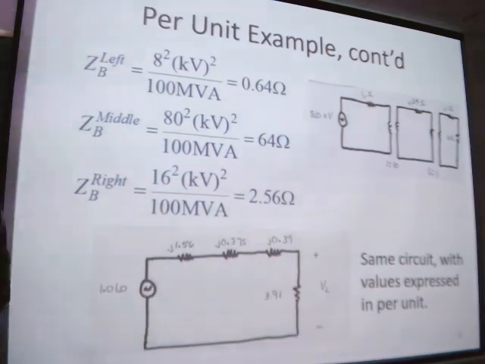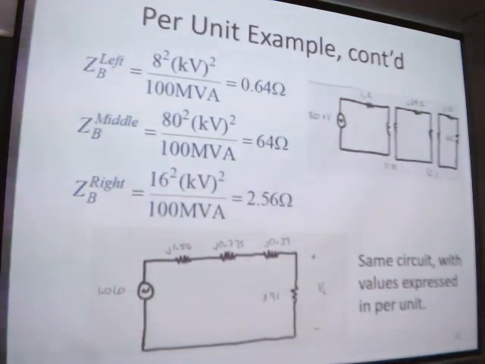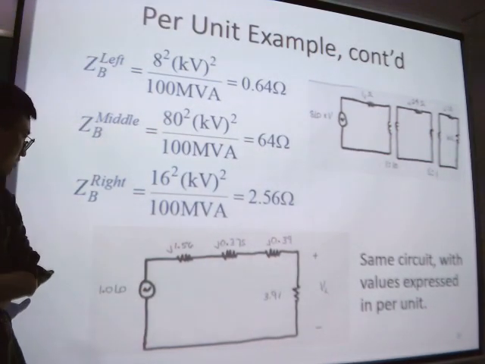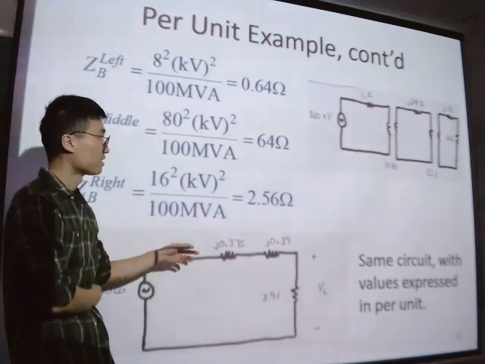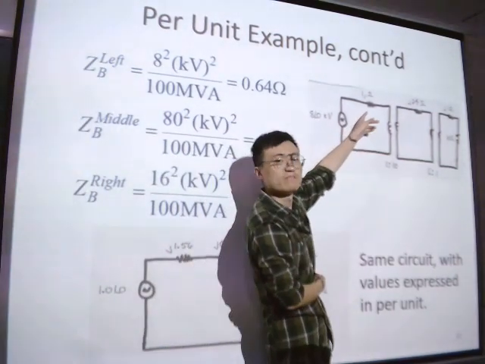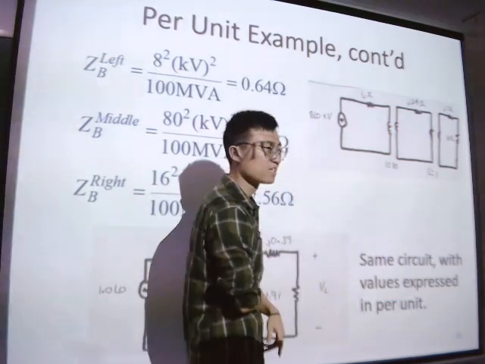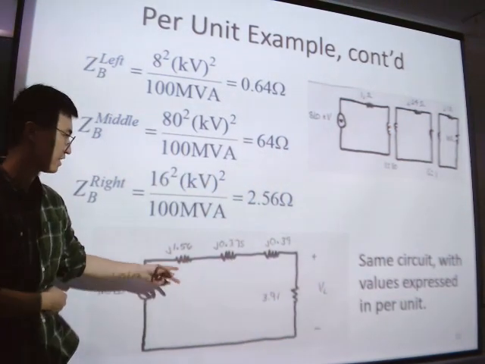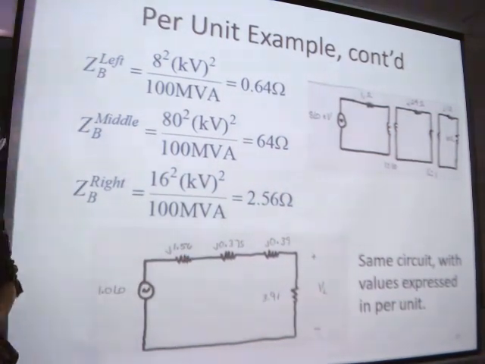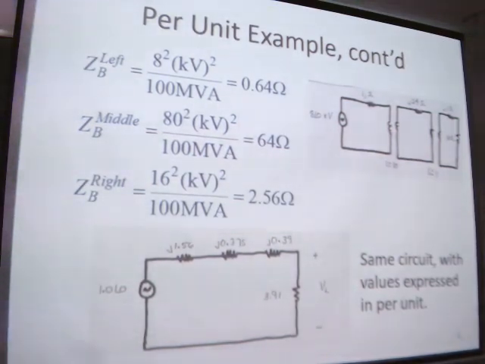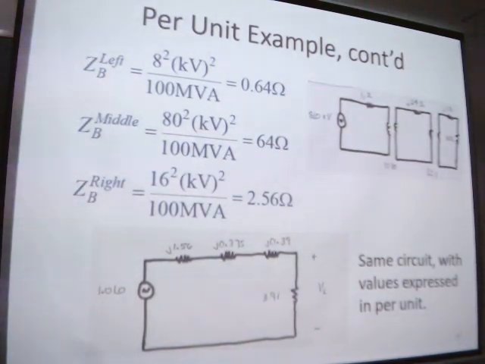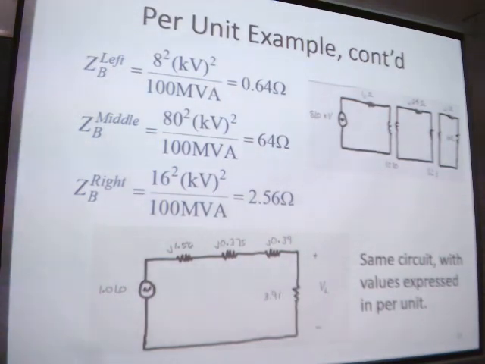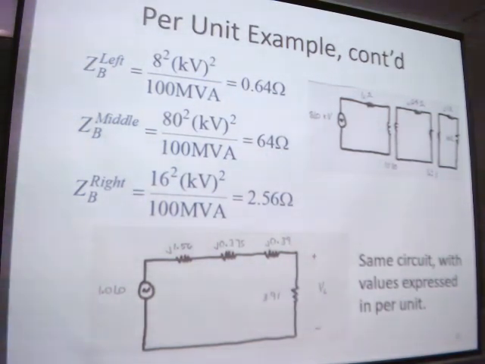The original value is 1j, okay? So why is it turned into 1.56? Okay, yeah, right. How to calculate this?